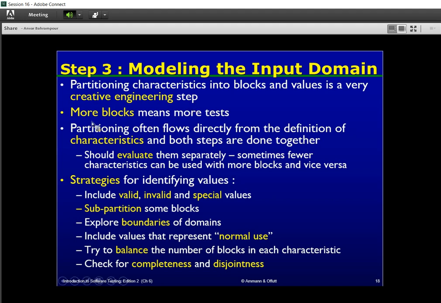In this step, more blocks means more tests, because we should test a value from each block to assert the correctness and completeness. Partitioning often flows directly from the definition of characteristics. It's trivial.